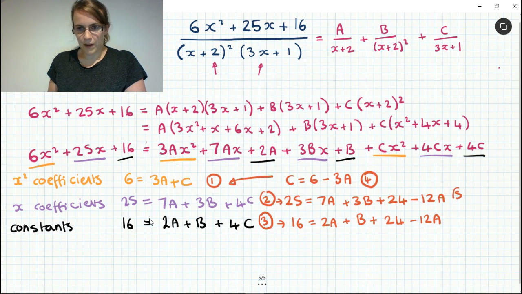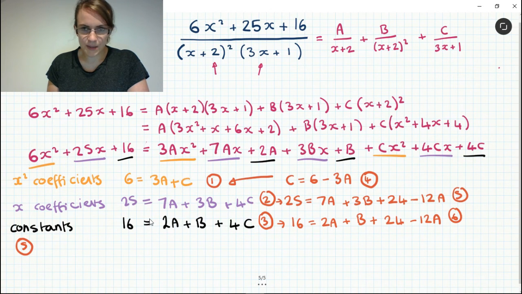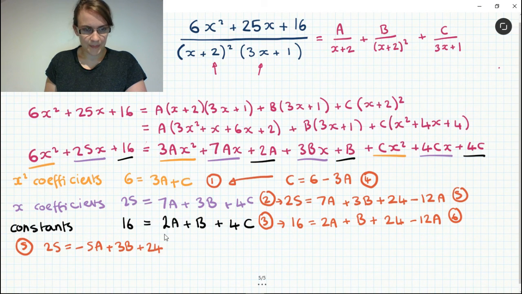So if I call them 5 and 6, equation 5 simplifies down to 25 equals 7 minus 12, so minus 5a, and then plus 3b plus 24. So I'm going to take 24 away from both sides, which will leave me with 1 on the left hand side.